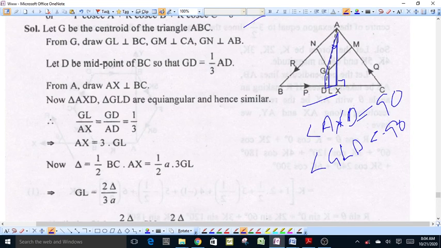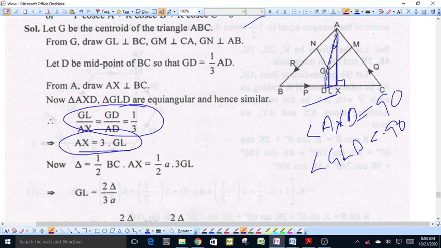Therefore if these two triangles are similar, then the ratio of their corresponding sides will be equal. GL upon AX will be equal to GD upon AD, but AD is the median, therefore G divides AD in the ratio 1:3. The ratio of GD and AD will be equal to 1 by 3. From this relation, AX comes out to be 3GL.